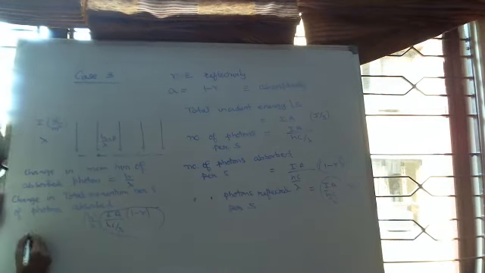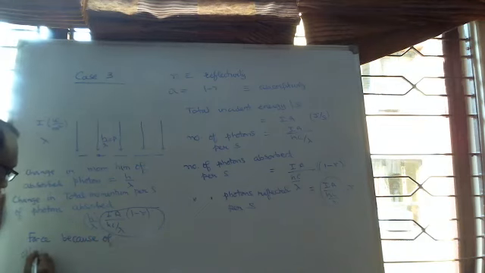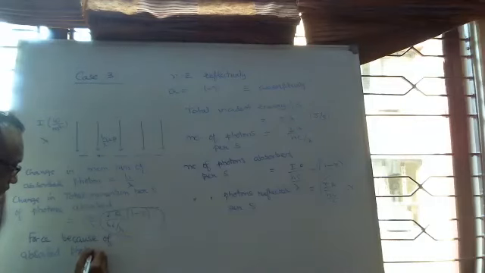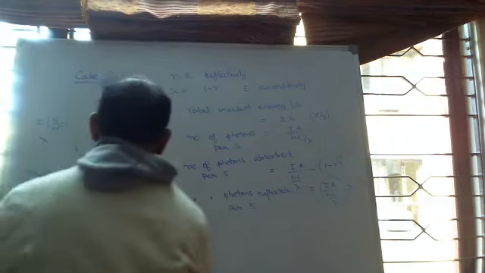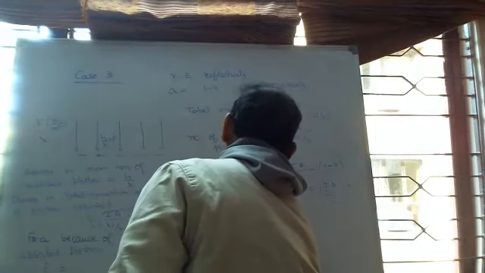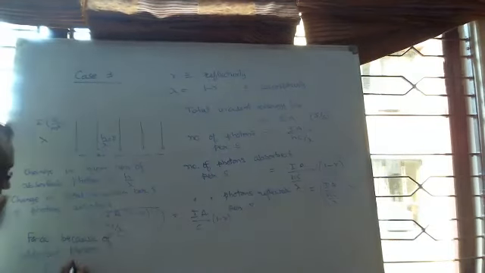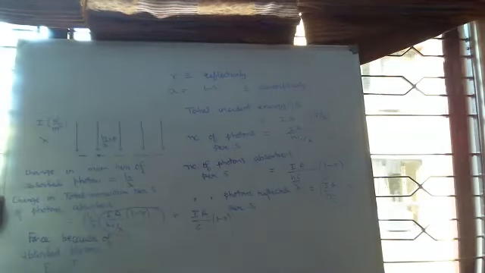That means force because of absorption, absorbed photons, FA, will be this, which is कितना? ये simplify करने से जैसे पहले आ रहा है IA by C into 1 minus r, है ना? ऊपर लिखते हैं.